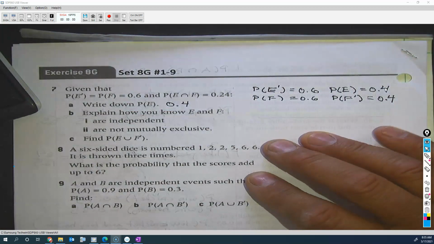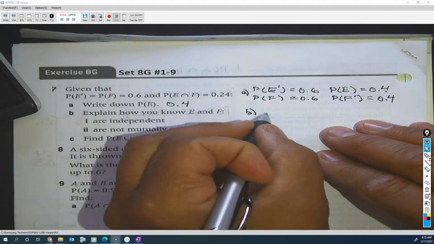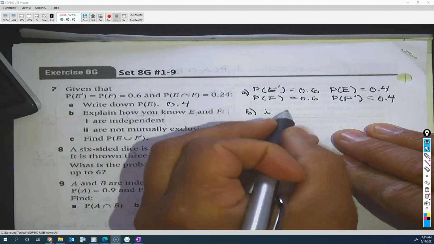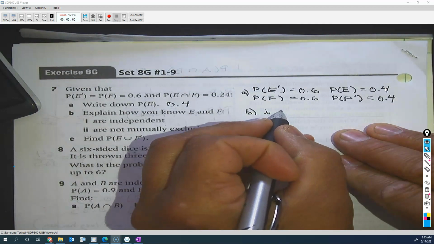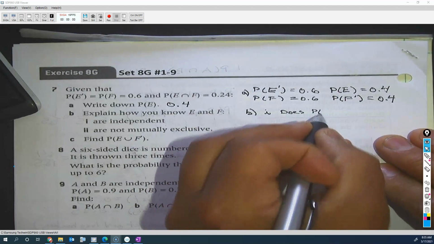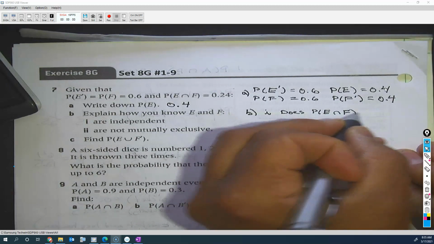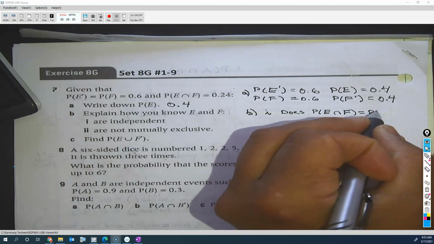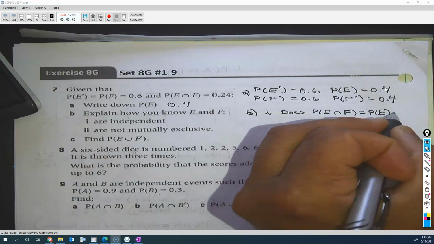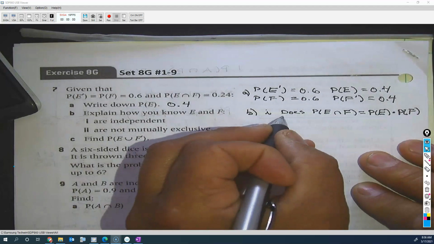All right, explain how you know that they're independent. Okay, so this is part B. We're going to first test for this, and we're going to ask ourselves, does the intersection of E and F equal the probability of E times the probability of F? Does this hold true?